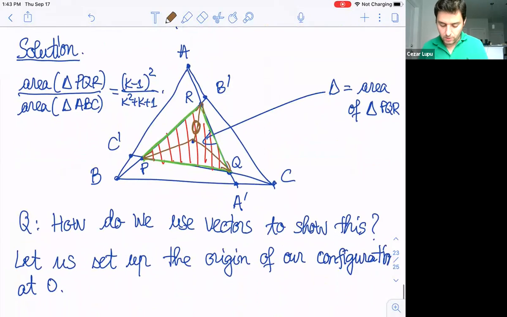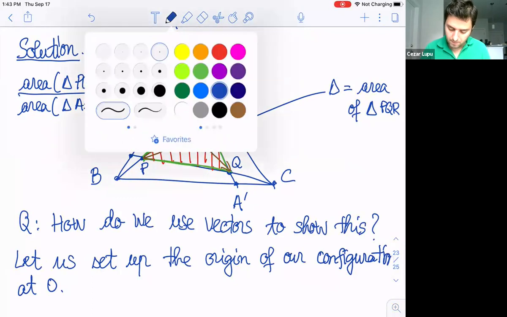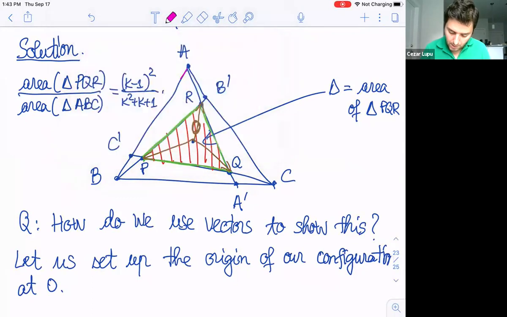Okay, so how should we do this? I need to know some information about the ratio. So let me look at this triangle here. This is a bit of the tricky part.